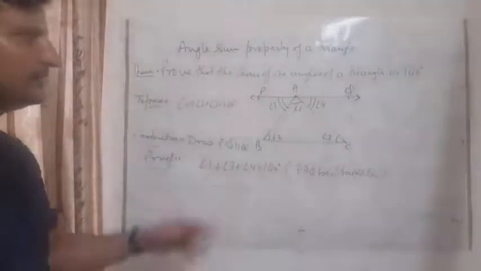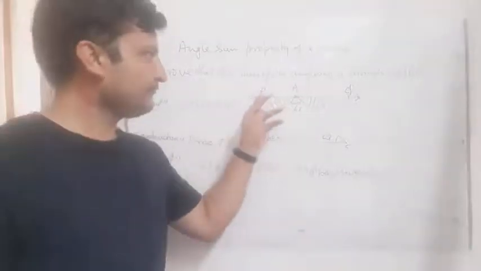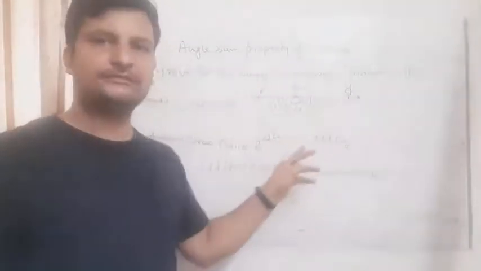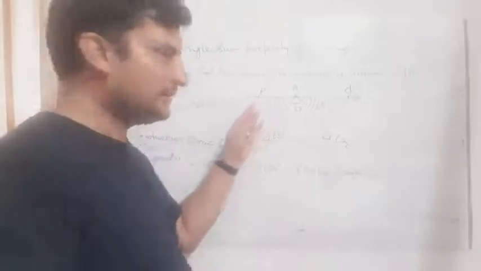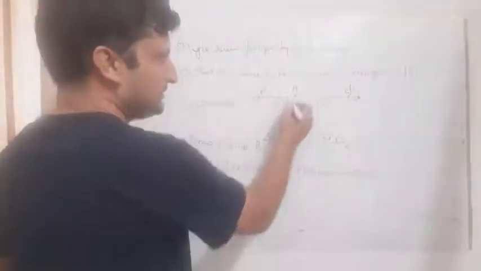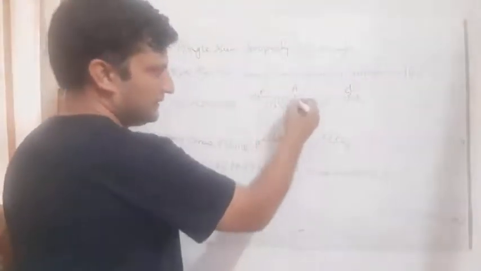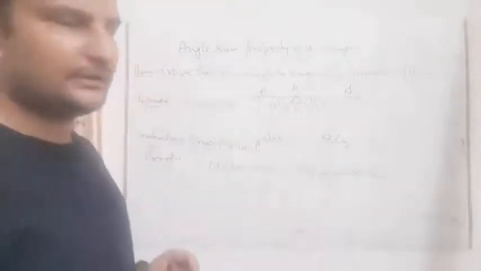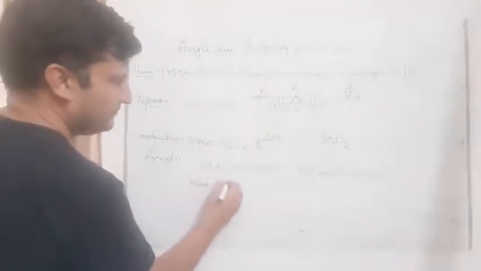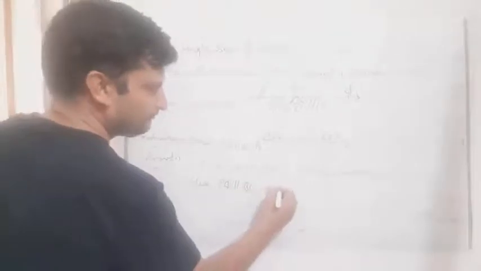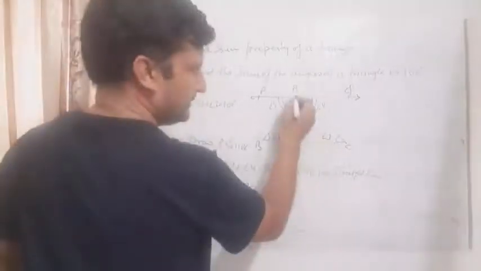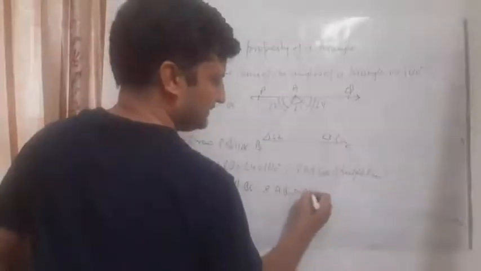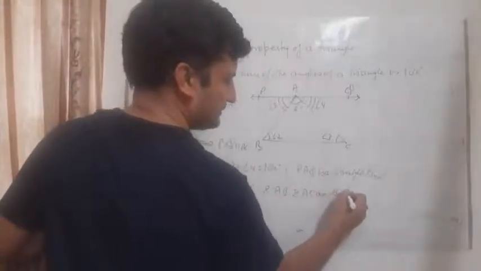Now students, this is the most important thing: these two lines are parallel to each other. We said these two lines are parallel to each other. So it means, students, look, AB is a transversal, is it not? AB will be a transversal. Here we can say that PQ is parallel to BC, and AB, similarly AC, are the transversals.